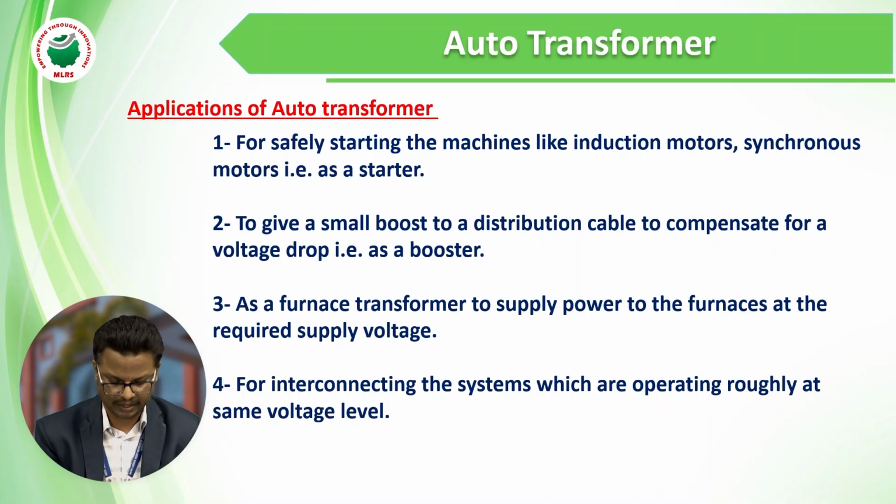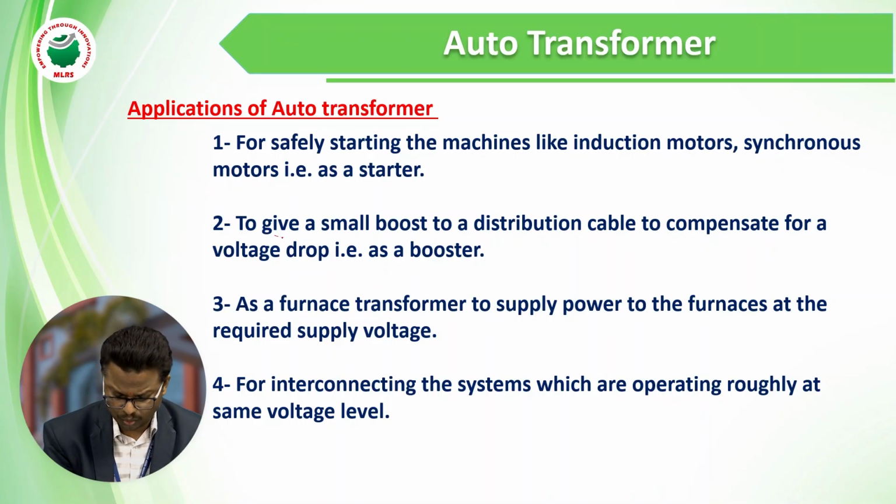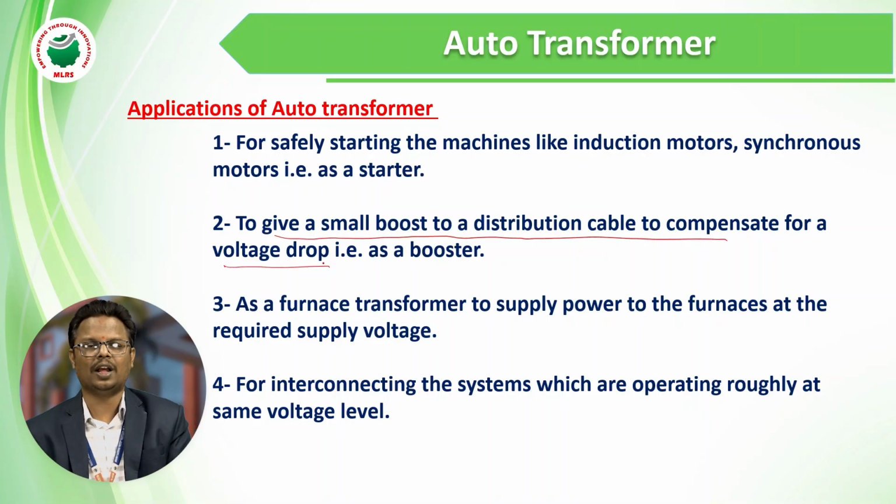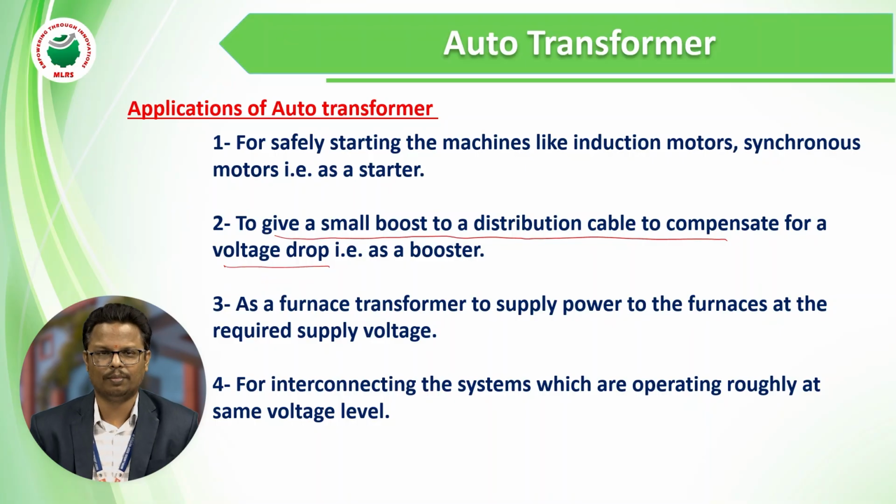And the second one is to give a small boost to a distribution cable to compensate for voltage drops. So it is also used like a booster. We can observe outside some pole mounted transformers. Okay, they are auto transformers. So when a distribution line is there, if the load on that line increases, then there is a voltage drop.